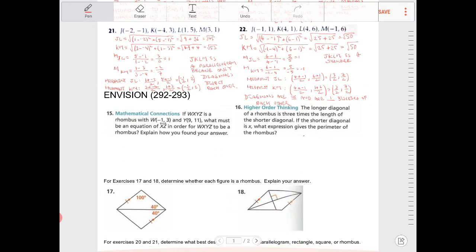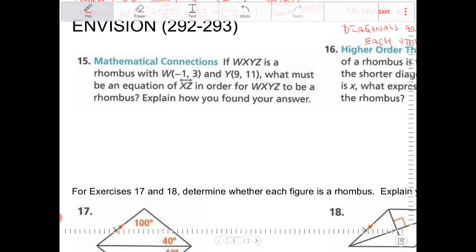Whew. All right. Question number 15. If WXYZ is a rhombus with W equal to negative 1 comma 3 and Y is equal to that coordinate, what must be an equation of XZ in order for WXYZ to be a rhombus?